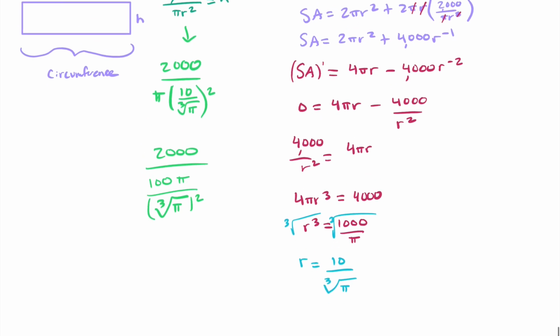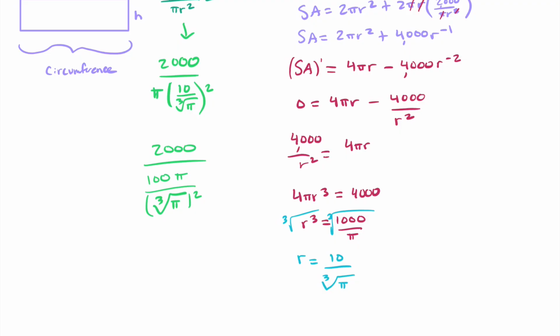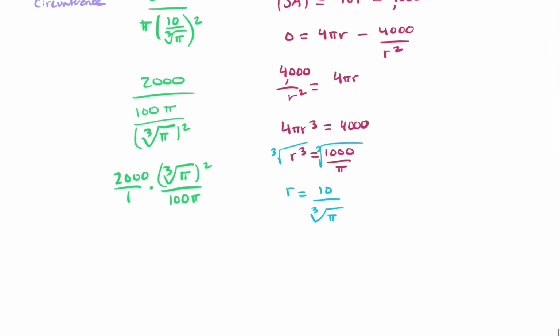2,000 was in my initial numerator, and so now we have a numerator 2,000 over 1 times the cubic root of pi squared all over 100 pi. That's going to be 20, and it's going to be pi to the 2/3 all over pi.